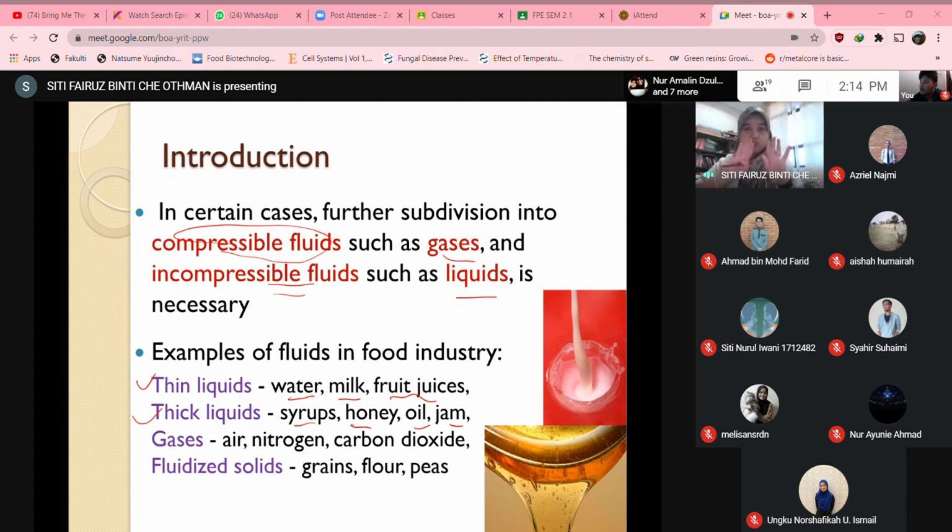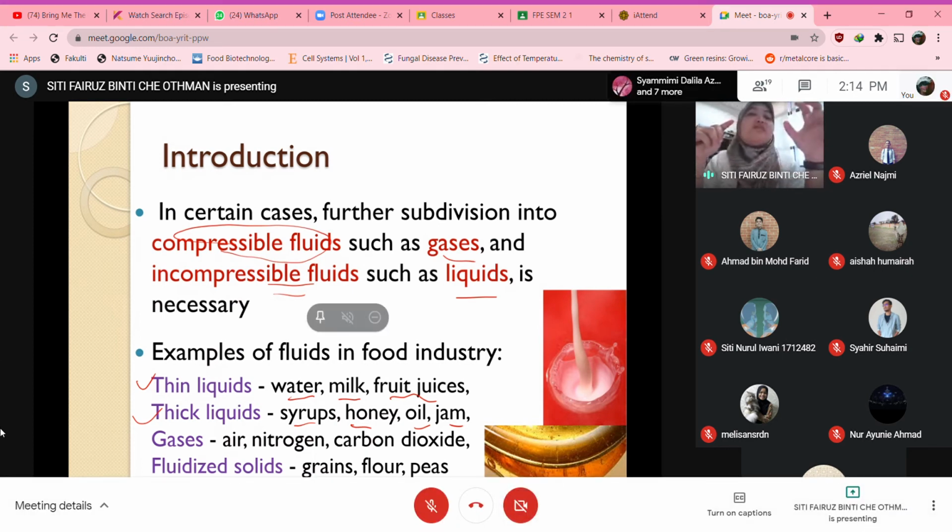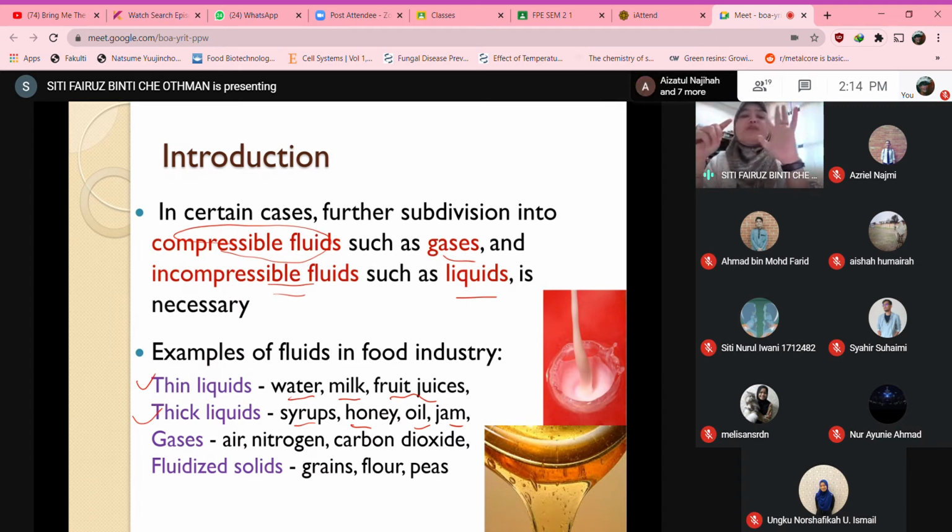Maybe you need to push it with something motor-like, but it needs some kind of assistance in order to transfer these thick liquids. Then gases, like nitrogen and carbon dioxide, and fluidized solids, which you need to fluidize first using aeration with small bubbles, for example grains, flour and peas.